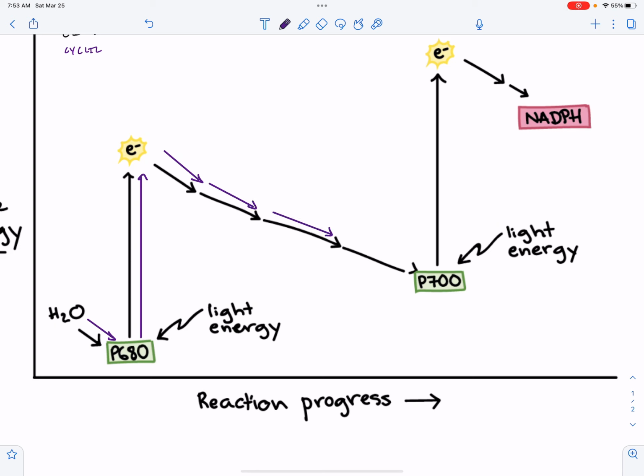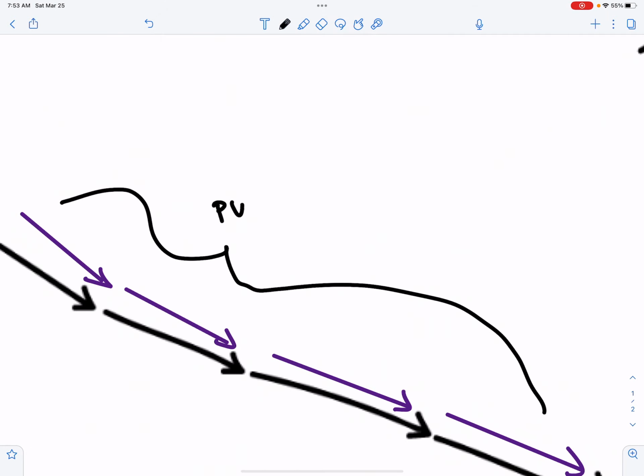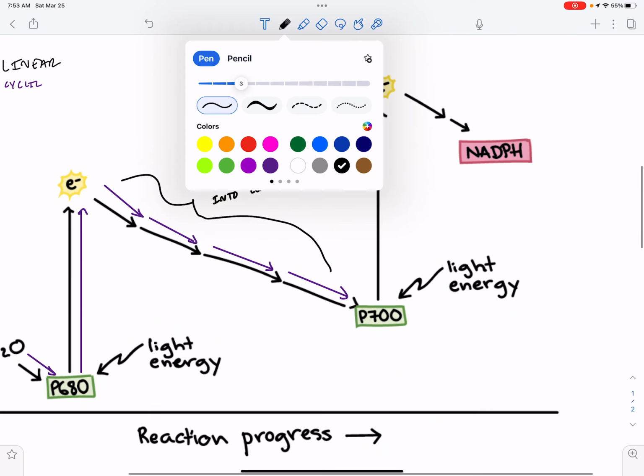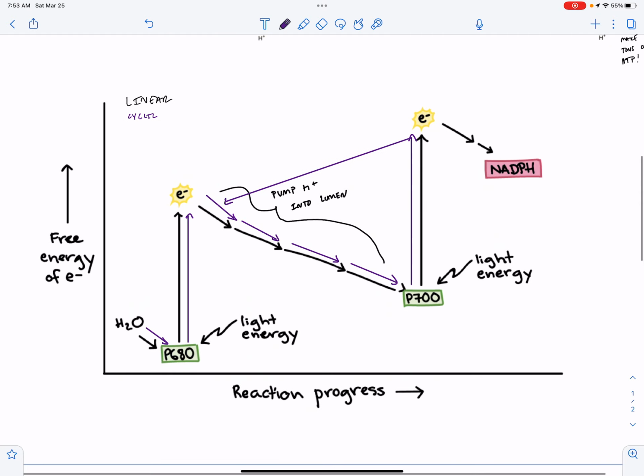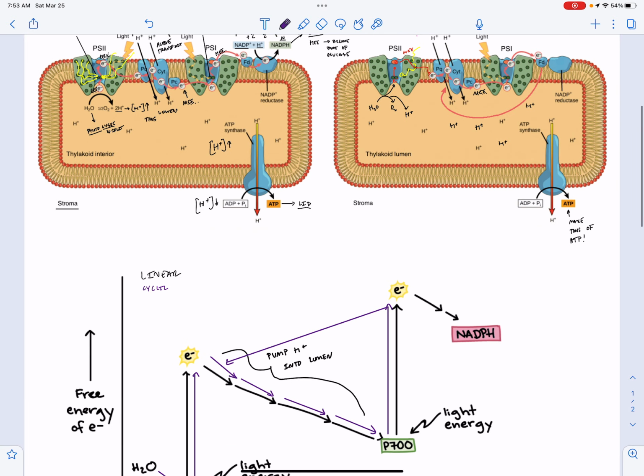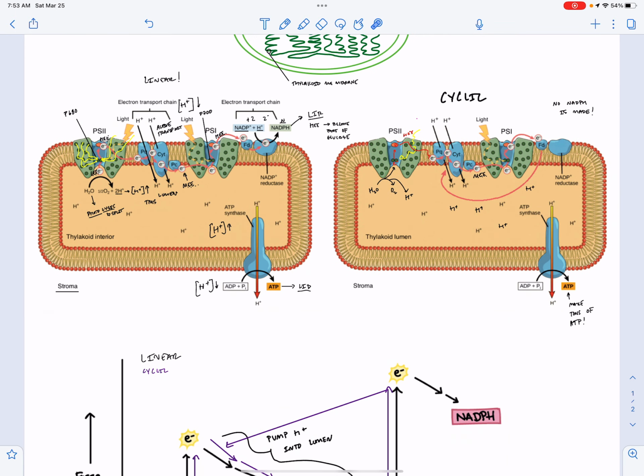The reason why it's going down here, energy between this point and this point, remember, is because this energy is being used to pump H plus into the lumen. Then it would be a medium energy electron here. It's re-excited here, and then it's sent back here. So in purple shows our cyclic photophosphorylation. So as I said before, end result, no NADPH, lots of ATP.